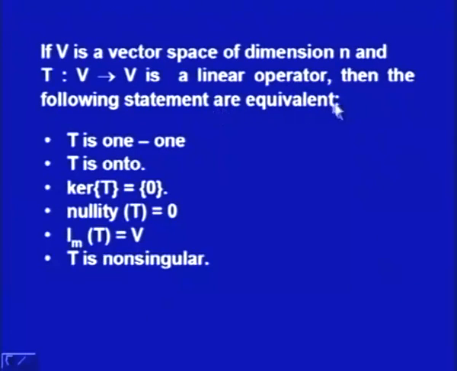Then the following statements are equivalent: T is 1-1, T is onto, kernel T is equal to theta, only the identity vector, nullity T is equal to 0, image T is equal to V, and T is non-singular. So this is what we have done for the linear transformation.